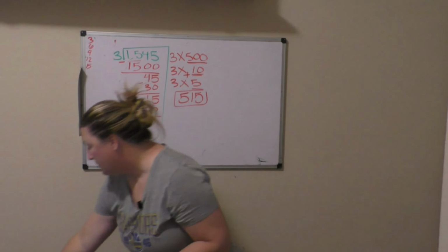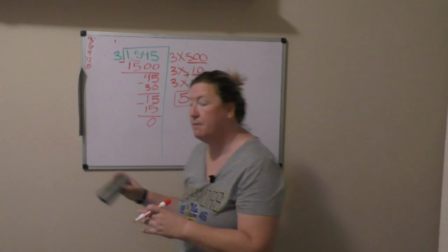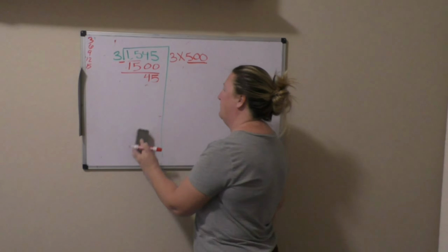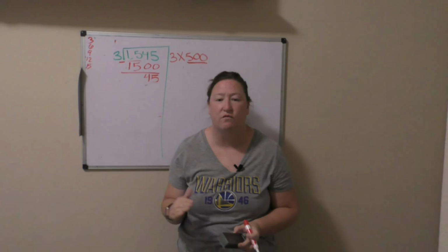So I'm going to rewind us back to that original step. Okay? So I'm going to pretend that we had just finished 3 times 500, and we subtracted, and now we're back at 45.